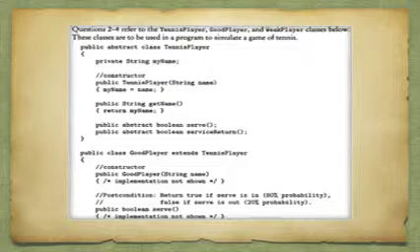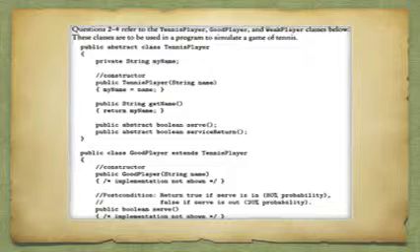The second class that we're going to read is called a public class GoodPlayer that extends TennisPlayer. Again, the constructor of this GoodPlayer also receives an input parameter called name, and also it has a serve. Note that right now the serve method returns a boolean value.